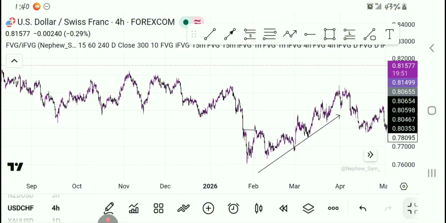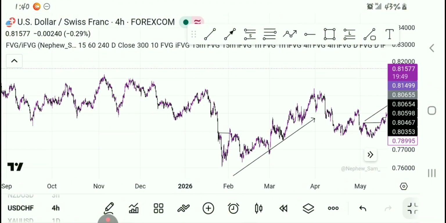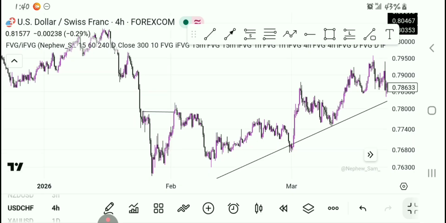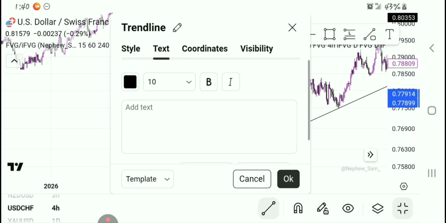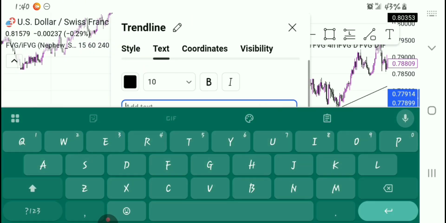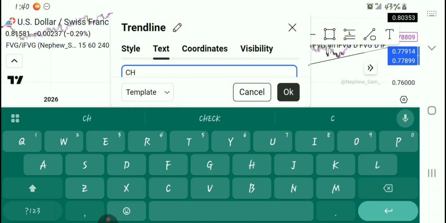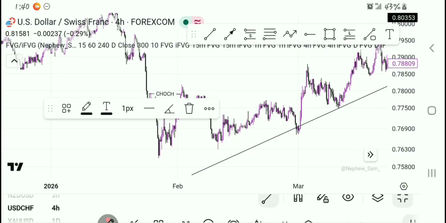We came down. Yeah, that's a change of character, not a breakout structure, because we are coming down. I will show you. So this is a change of character here.